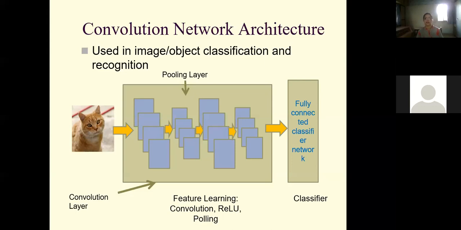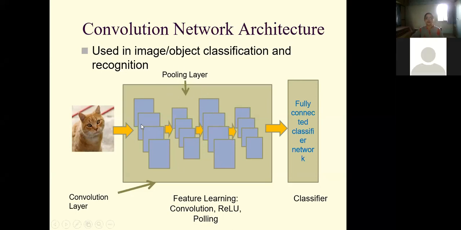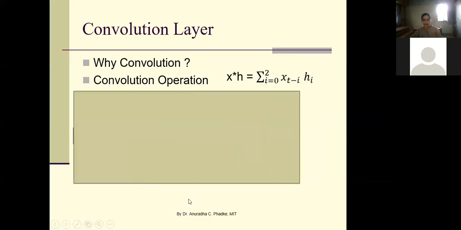It is motivated by the human brain's visual cortex, and the main important feature of a CNN is that it derives features on its own, as this is a deep neural network. So let us talk more about various layers in case of CNN, convolutional neural networks.